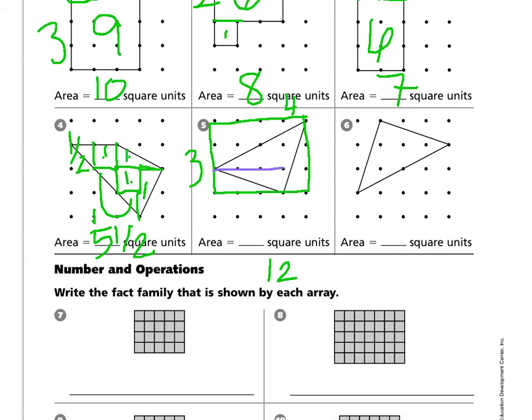I can cut this to figure out how much this square would be, which would be a 1 by 3, and half of that to find this little area would be 1 and a half.